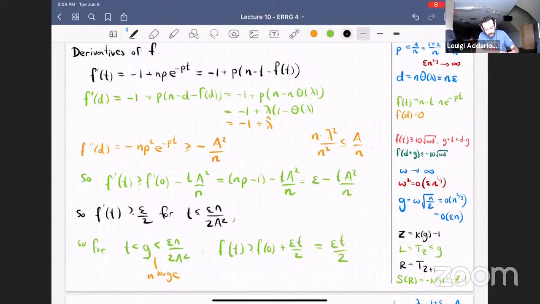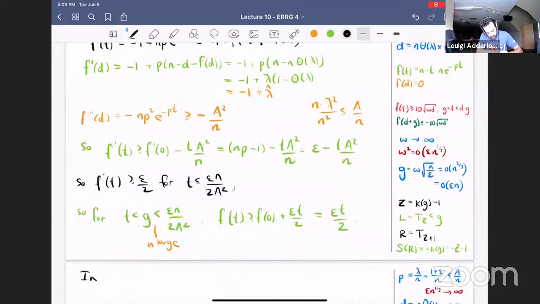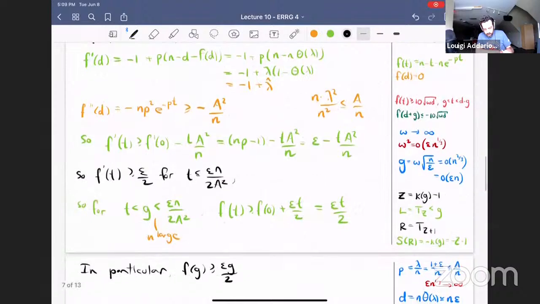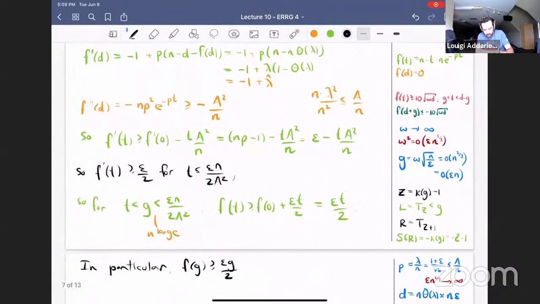In particular, let's apply that at time g. At time g, f of g is at least epsilon g over 2. Now let's plug in the definition of g, omega root n over epsilon. That gives us omega over 2 root epsilon n.